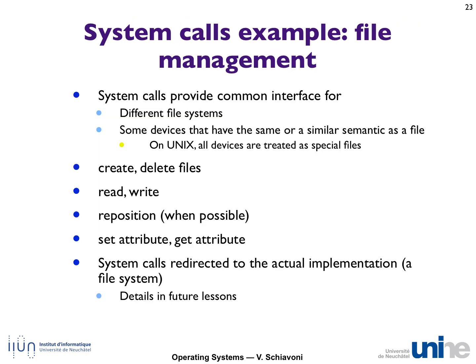So in the case of file management, there are basically common system calls that are used to create and delete files, read and write content into those files, perhaps move data or move files to other locations, setting attributes, whether a file is readable, only executable, can be read and written, things like this.